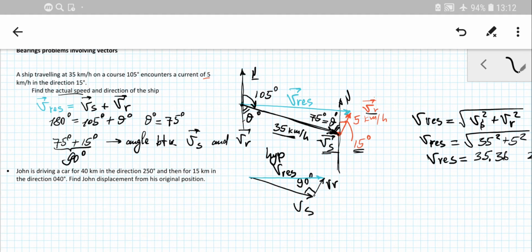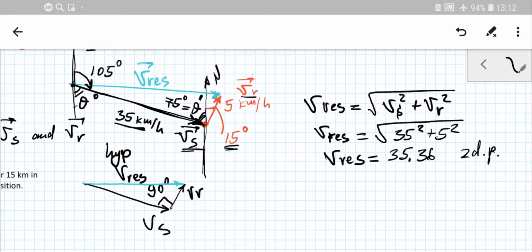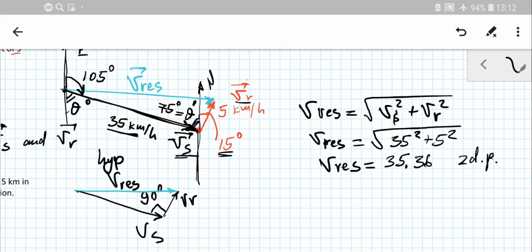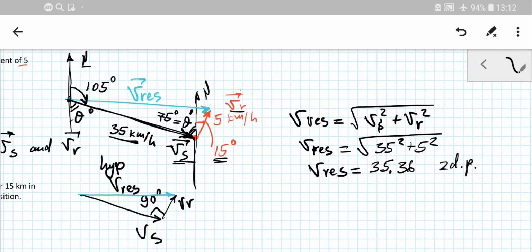Okay, so how to define the direction? We can define the angle here, let's say angle X, and if we know this angle, we simply subtract it from 105 and hence we can find the bearing of V resultant.